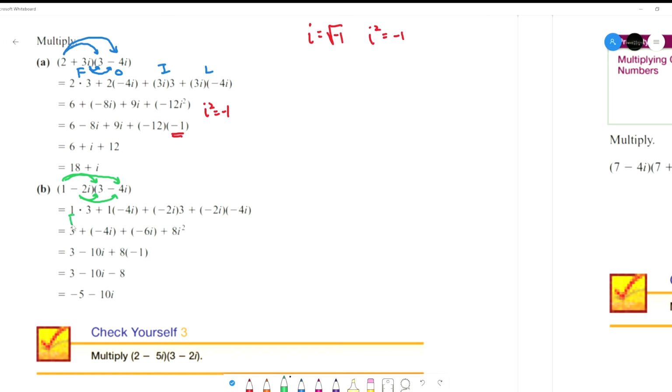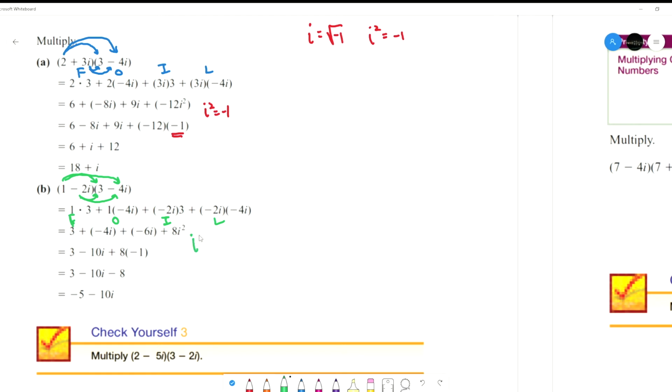So this is my first, this is my outer, this is my inner, and my last. So 1 times 3 is 3. 1 times negative 4i is negative 4i, plus negative 2i times 3 is negative 6i, and then negative 2i times negative 4i is positive 8i squared, right here.